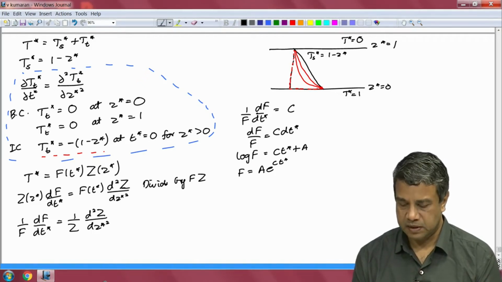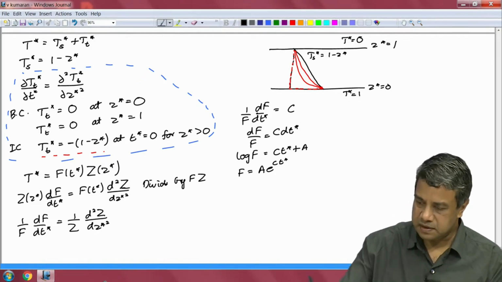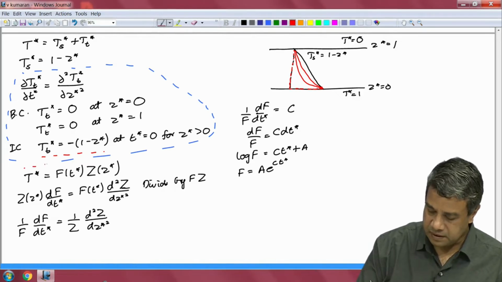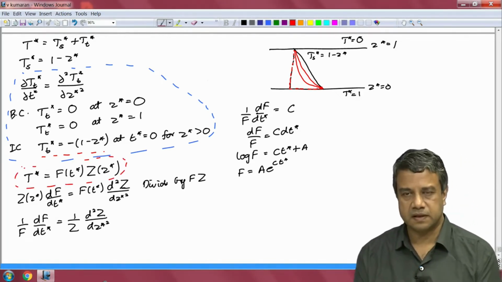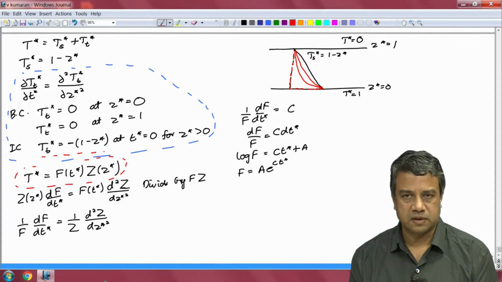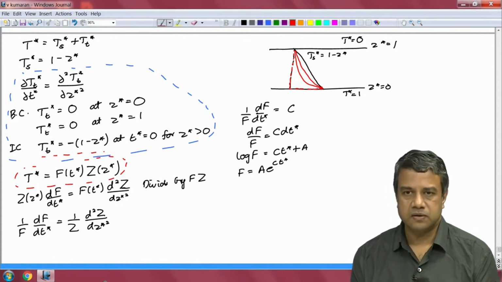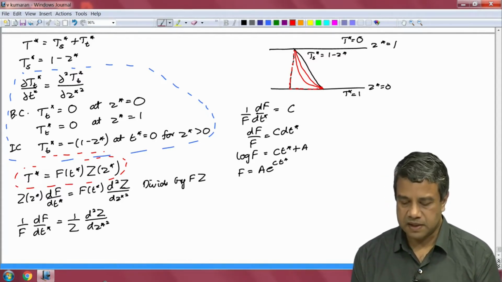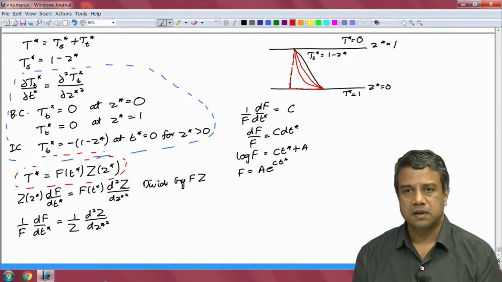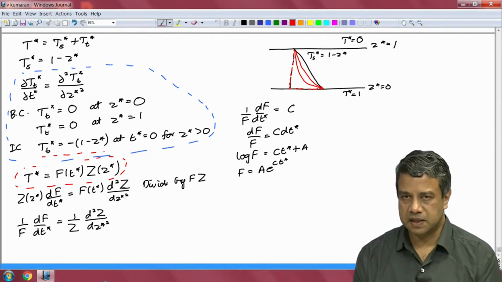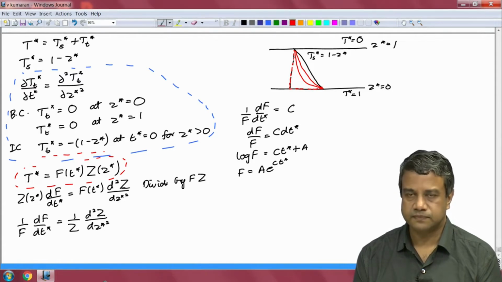This exponential function is a factor in this transient solution. As t goes to infinity, you would expect this transient part to go to 0. Recall, we had written the total temperature as the sum of the steady plus the transient.